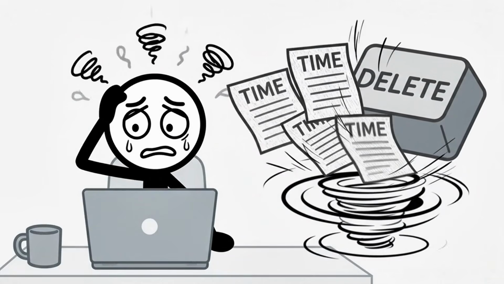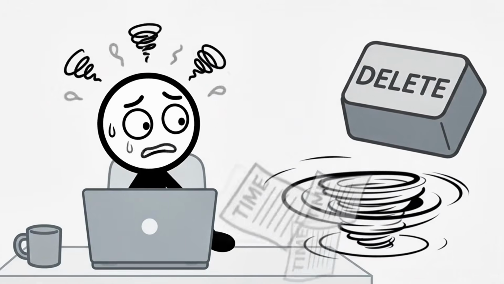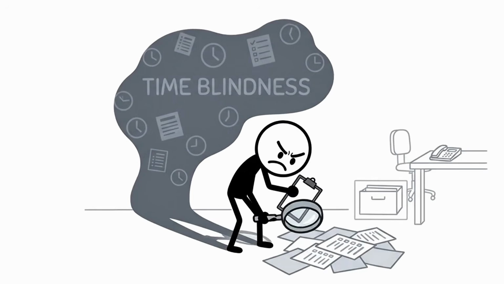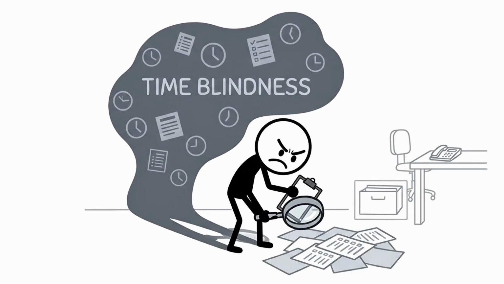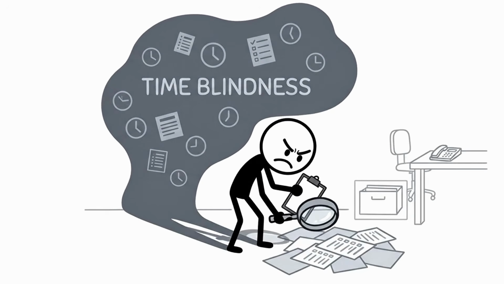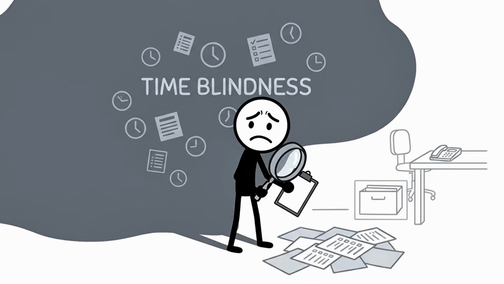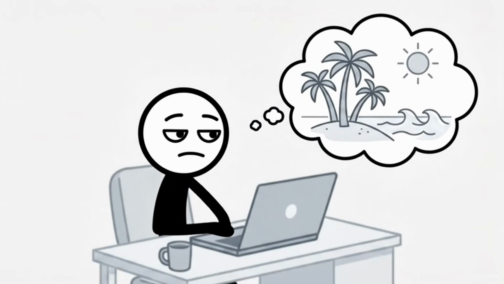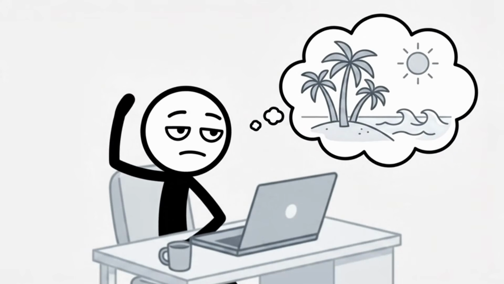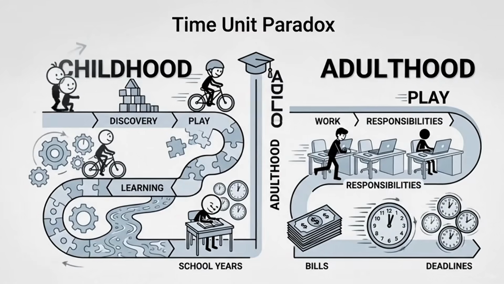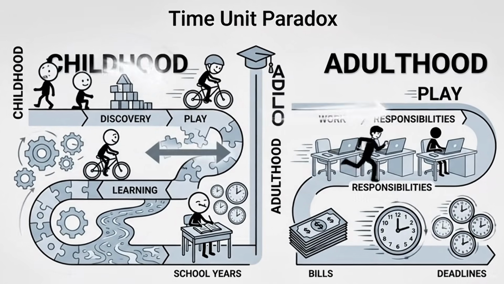You are not actually losing time. Your brain is just deleting it before you can use it. This time blindness is the invisible killer of your focus, and it is happening because your workspace is designed to make you forget you're alive. Most of us spend our workdays dreaming about free time, yet we treat our workspace like a waiting room for the weekend. We operate under the time unit paradox.